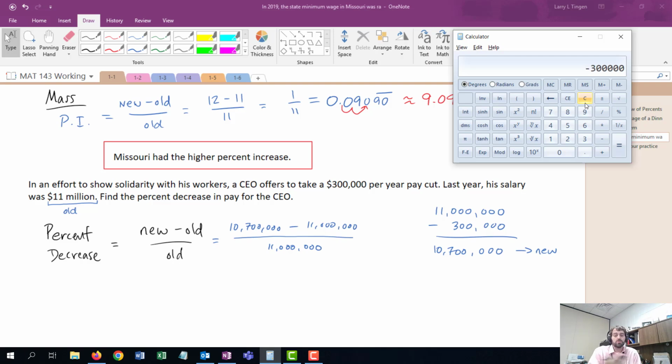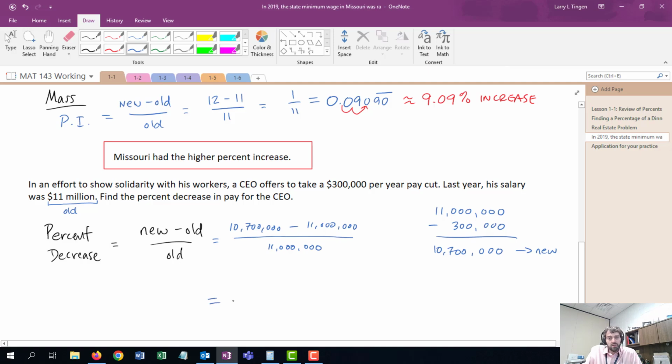We know that's going to be 300,000 because that was the pay cut. So that was the amount of decrease. And then we divide it by the old salary, which is 11 million. 1, 2, 3, 4, 5, 6. And I calculate negative 0.02727. We're seeing that repeat again. 0.027272727. That continues on forever.